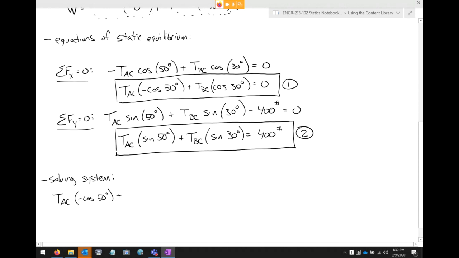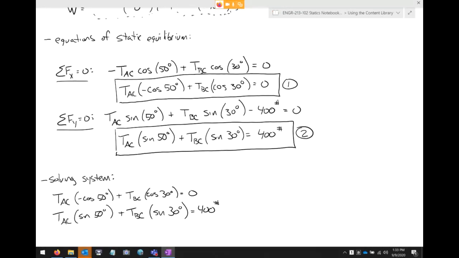And I'm going to rewrite them just to make sure that we're clear on what happens next. Okay, so here are the equations written in just equation form.